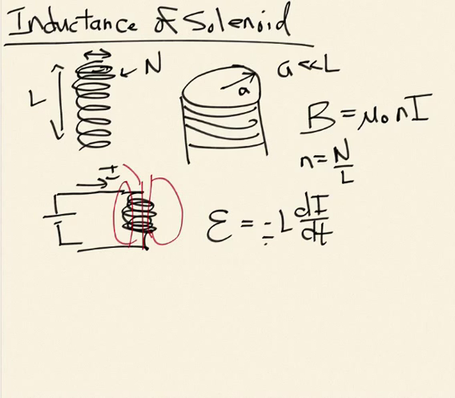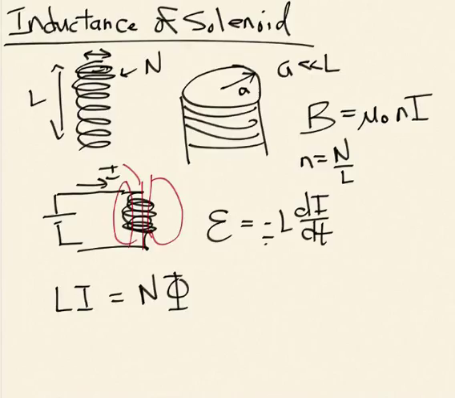All right, so we're going to calculate L for this coil. The definition of L is that L times the current through the coil is equal to the number of turns times the flux that goes through a single turn in the coil.